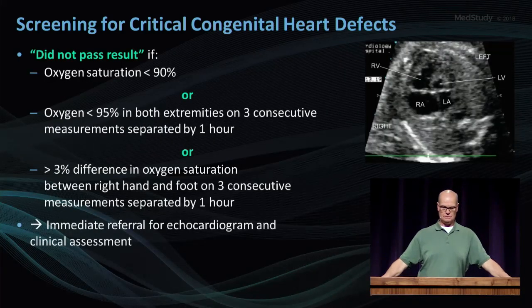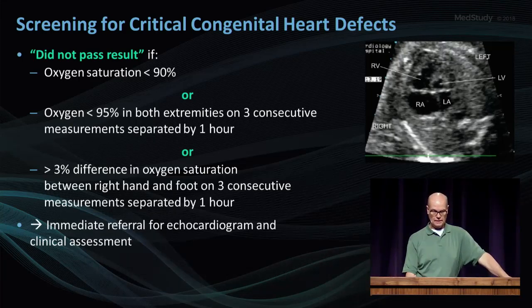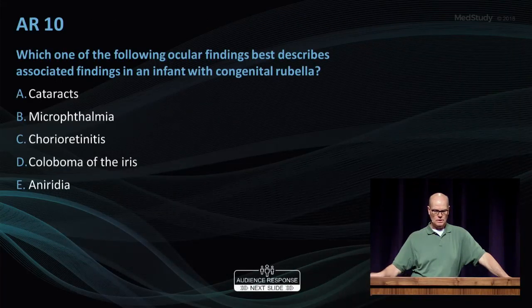Did not pass: O2 under 90%, O2 under 95% in both extremities on 3 consecutive measurements, or greater than a 3% difference in oxygen saturation between the right hand and the foot. Next best step, referral to cardiology for additional clinical assessment and echocardiogram.